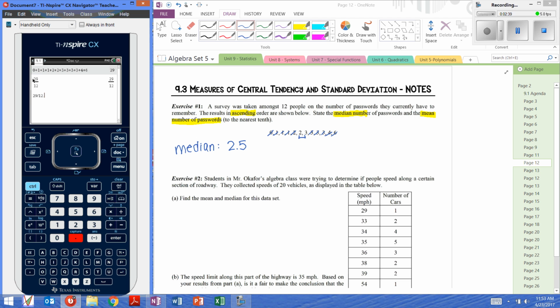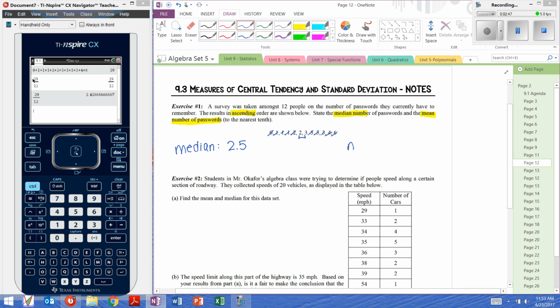So if I put a decimal into my calculator, it gives me a decimal out. And it says to round to the nearest tenth, which I'm so glad it does, because otherwise, I would have to write a repeating decimal, but I think 2.4 gets the point across.